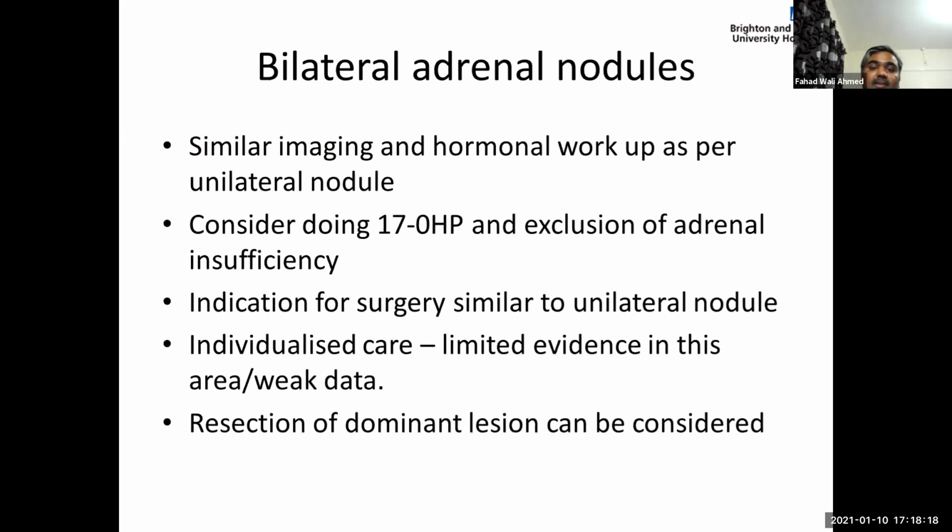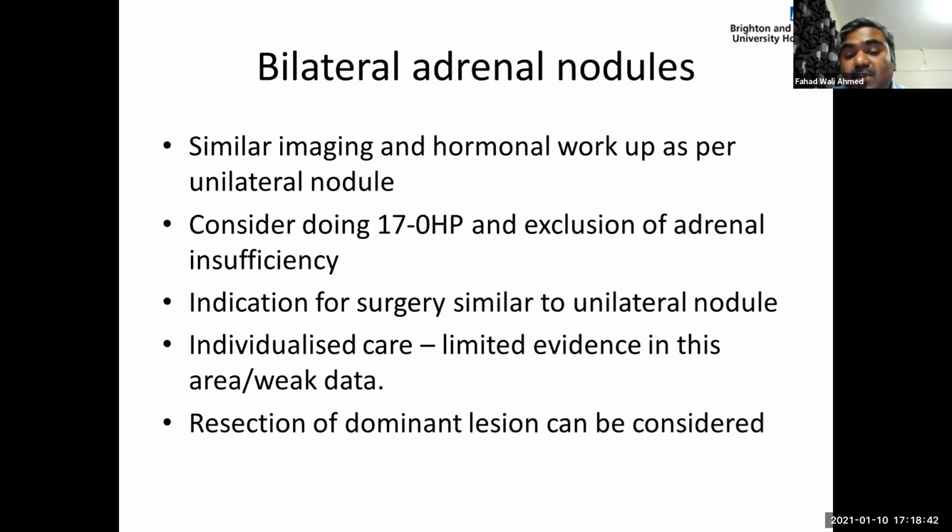What do we do with the bilateral adrenal nodule? Basically, we do the similar imaging and hormone workup as per the unilateral nodule. The only thing we add is a 17-hydroxyprogesterone, and we also rule out adrenal insufficiency. Indication for surgery is again similar to the unilateral nodule, but we need to do an individualized approach for the patient.